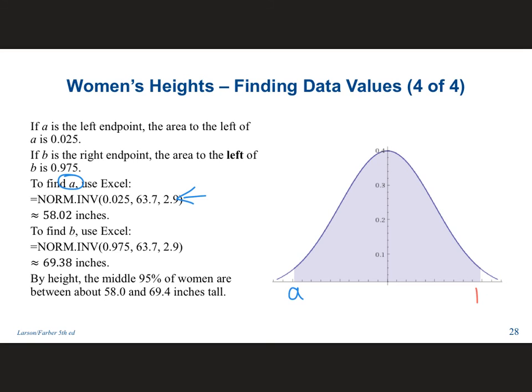And then to get this B value, you're going to use norm.inv 0.975, comma 63.7, comma 2.9, and you get 69.38 inches. So by height, the middle 95% of women are between about 58.0 inches and 69.4 inches tall.